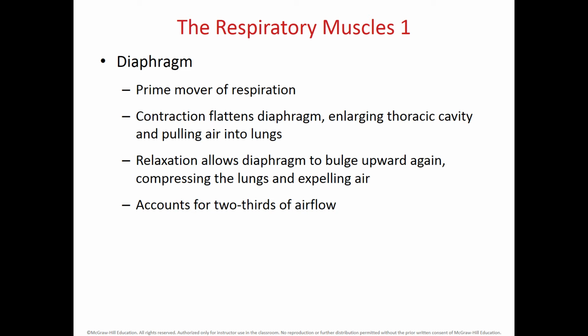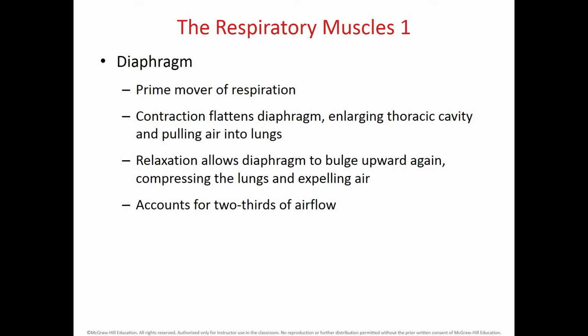Some of the respiratory muscles are the diaphragm and the intercostal muscles. The diaphragm is called the prime mover of respiration because it brings 2/3 of the air into our lungs.